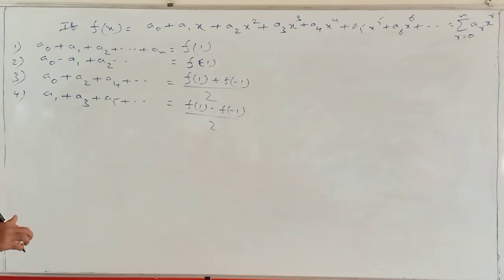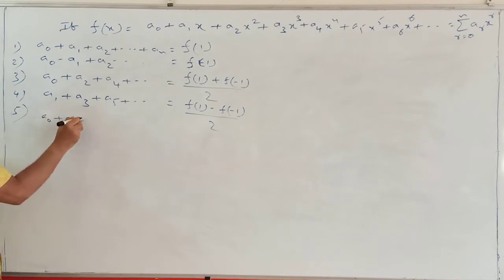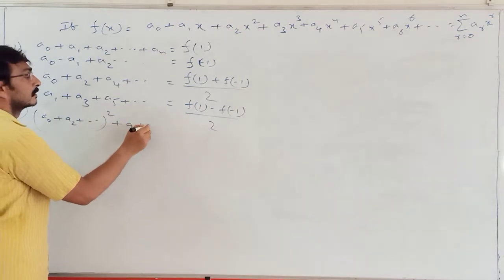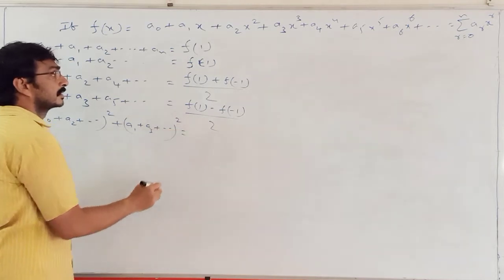Next, the sum of the squares of these. By using the sum of the squares of the third one and fourth one, we get one more result. a0 plus a2 and so on whole square plus a1 plus a3 plus and so on whole square equal to.